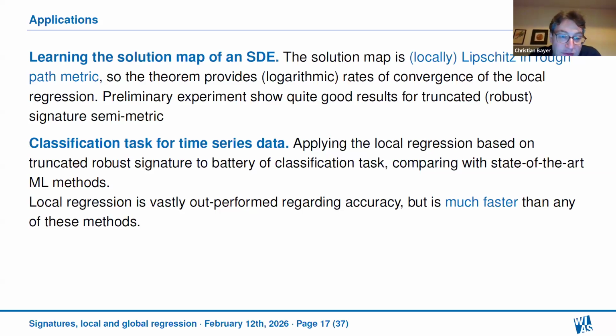On the other hand, of course, if you compare it to state-of-the-art machine learning methods, this local regression using signatures will not be able to outperform them. They will not be able to compete.